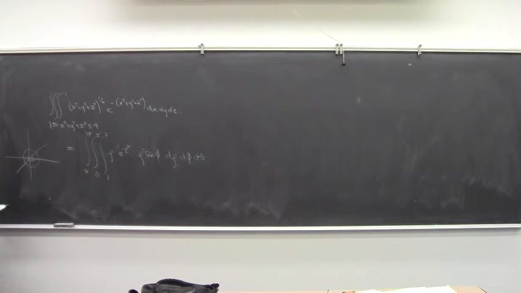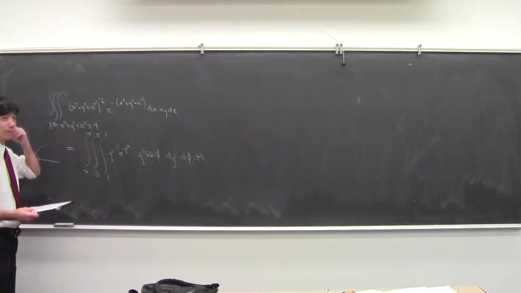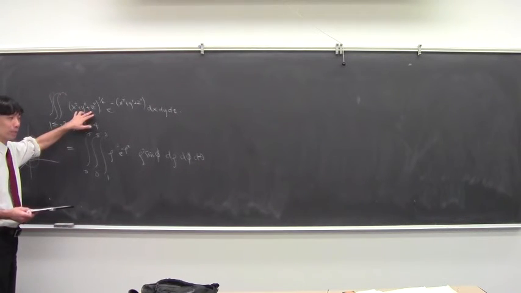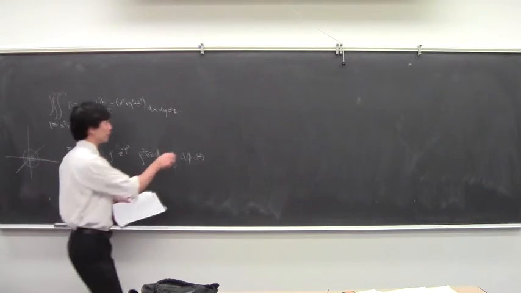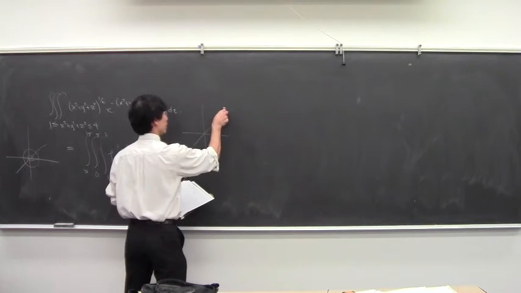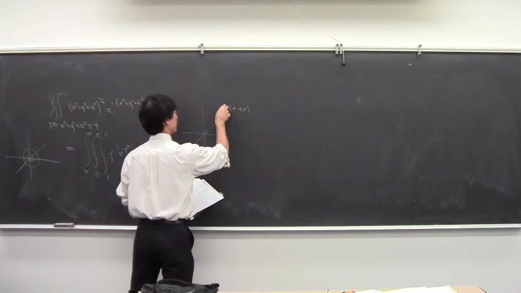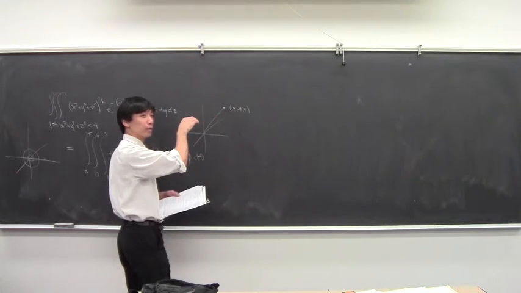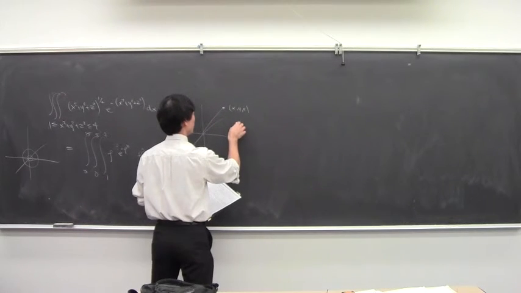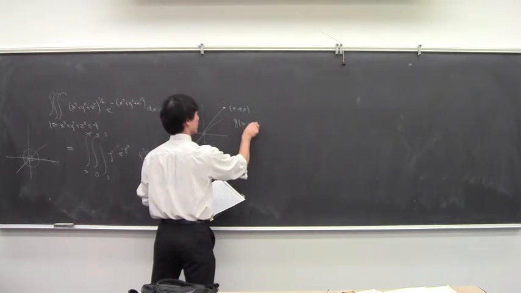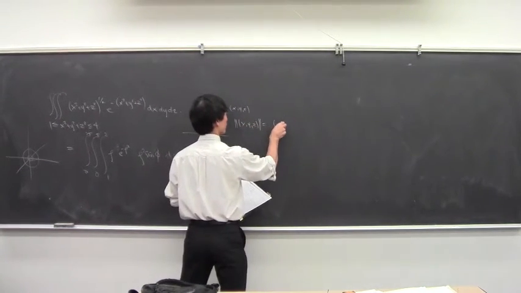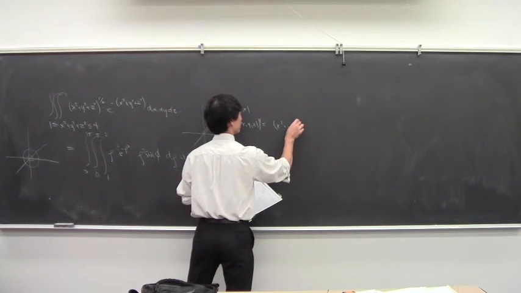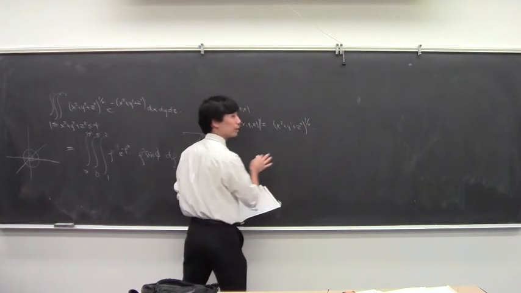Yes, Alana. Can you show really quickly why x squared plus y squared plus z squared equals rho squared? Sure. Here's your point x, y, z. x squared plus y squared plus z squared is the distance to the origin squared. That's the magnitude of (x, y, z), which is (x squared plus y squared plus z squared) to the half.